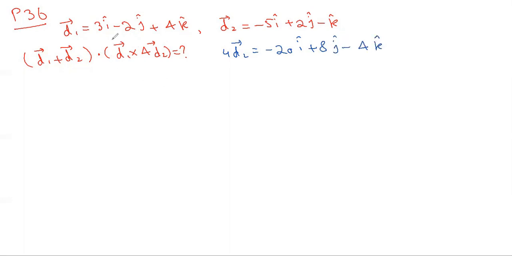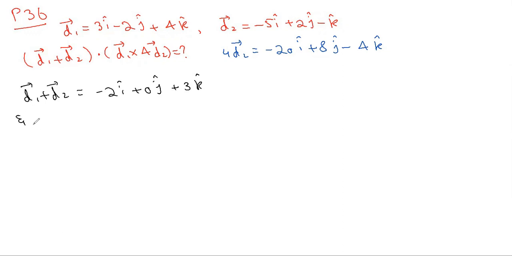And d1 plus d2 will be -2i hat plus 0j hat plus 3k hat.